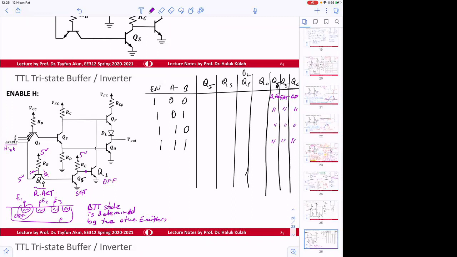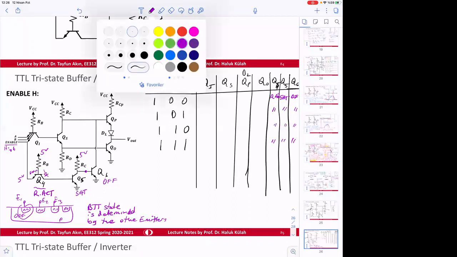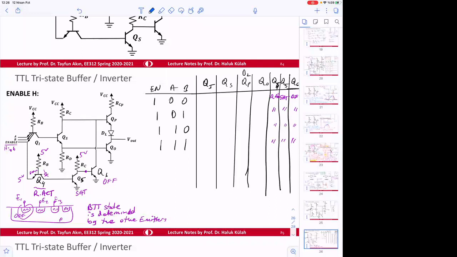But for this case, let's say A is 0. What is the state of this QI? Let's say this is the 0, 0 case. For the 0, 0 case, QI is in saturation. If that one is saturated, this is going to be off, and then this will also be off.